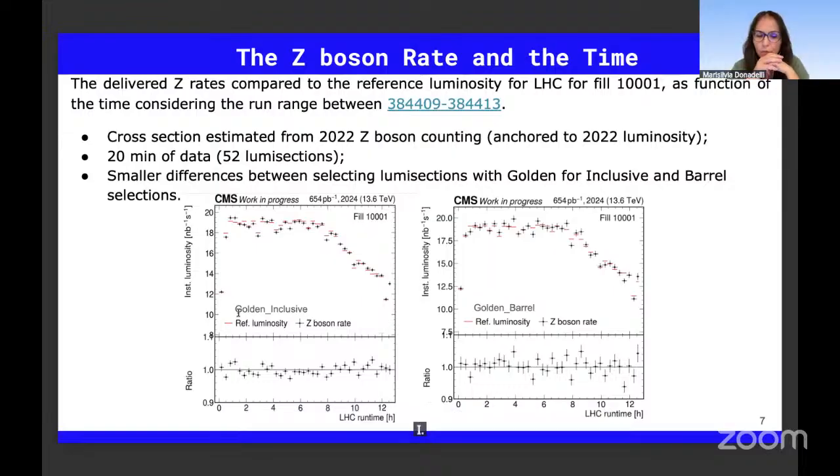Oh, I see. So now looking at the Z counting method, what is the dominant source of systematic uncertainty, for example, to evaluate it more precisely in this approach? What is the source of systematic uncertainty that is more, let's say, important? Is it acceptance, efficiency, the modeling?